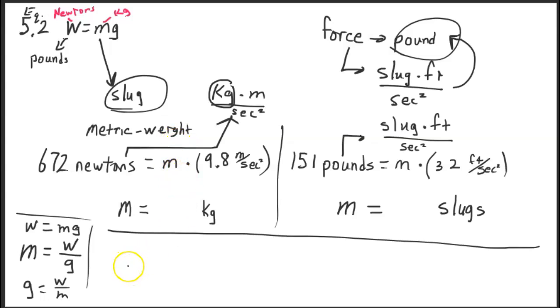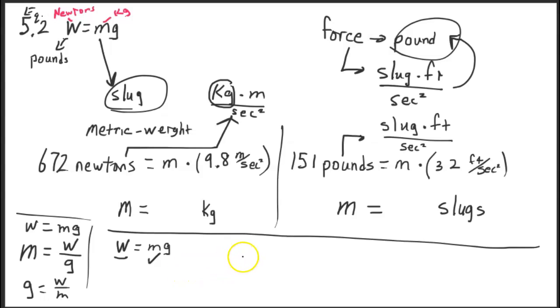Well, if we know the weight of an object on Earth, and we want to find out the weight of the object on the moon, we remember that weight equals mass times acceleration due to gravity, right? Well, we can take the weight on Earth and find the mass.